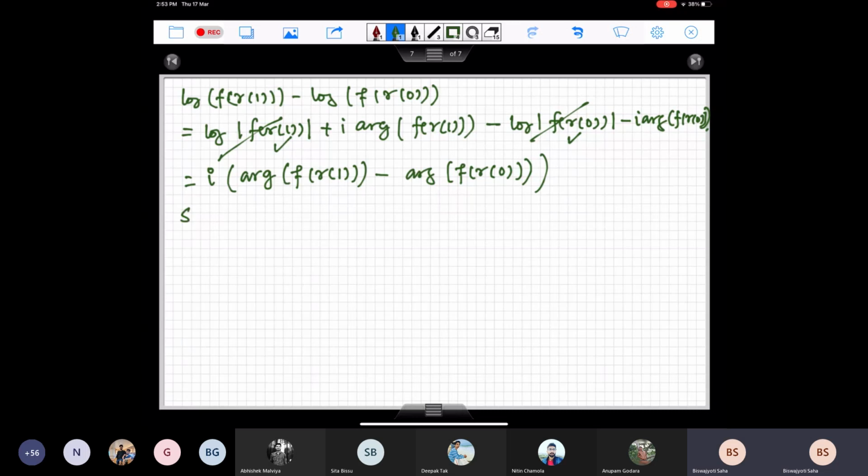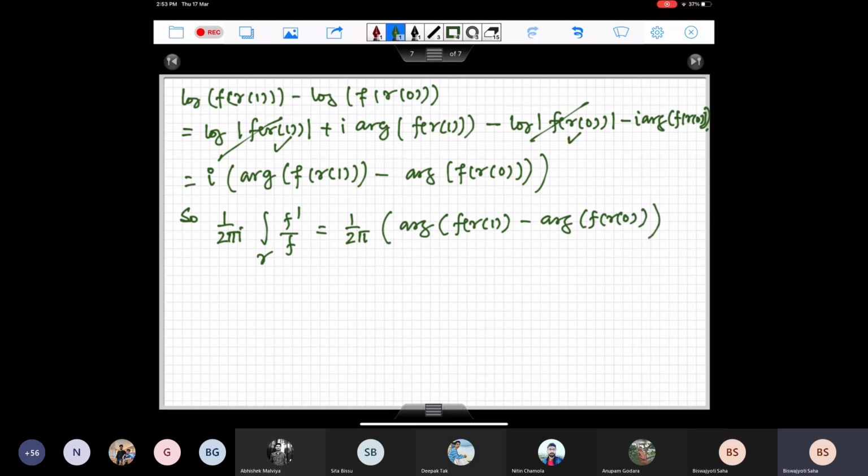So 1 upon 2 pi i integral of f prime over f over gamma is nothing but 1 upon 2 pi times argument of f of gamma of 1 minus argument of f of gamma of 0. This is the difference between these two things, and thereby it's called the argument principle.